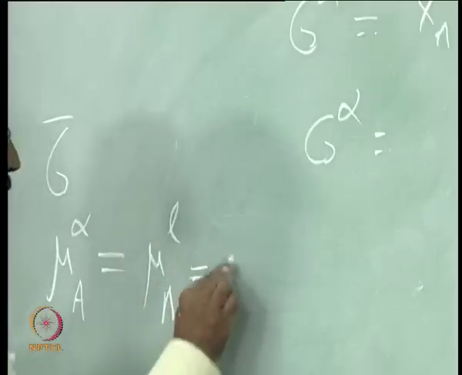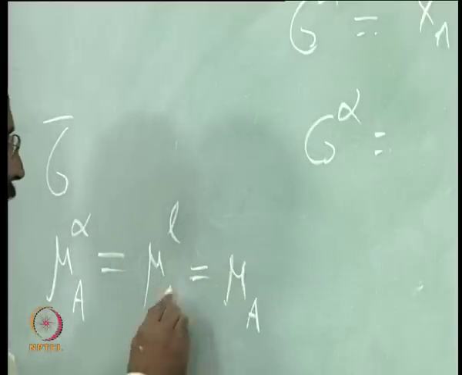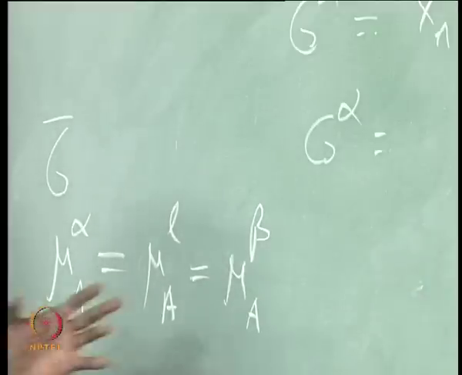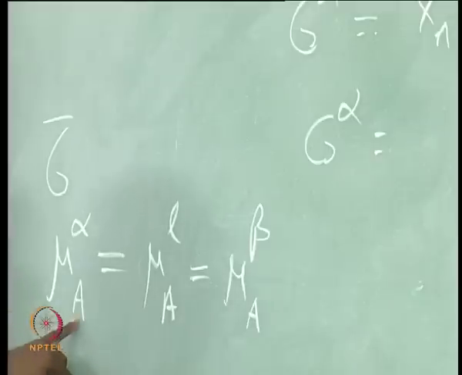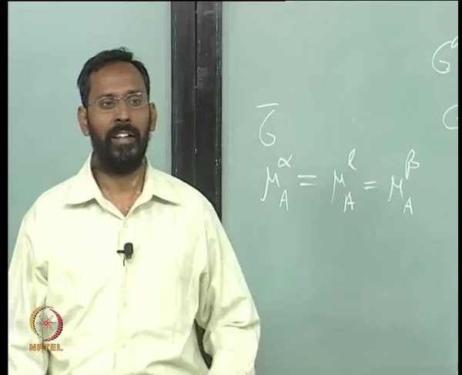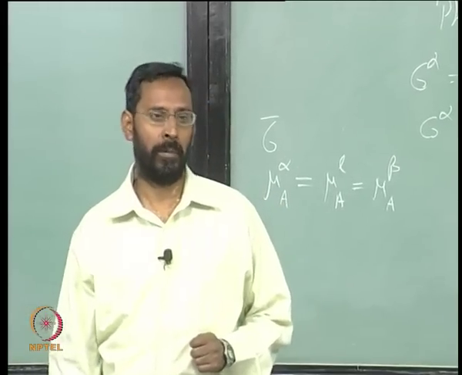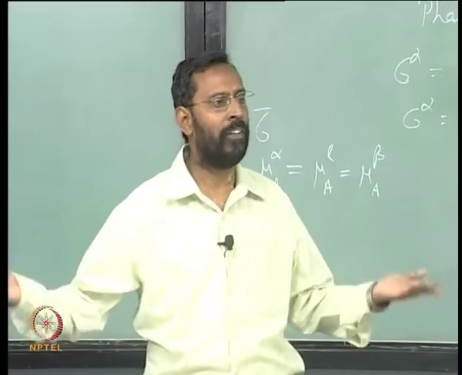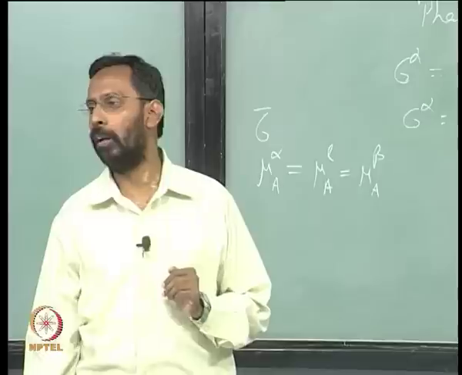in alpha, liquid, let us say, and beta or whatever, whatever number of phases that are present. If the chemical potential of a particular element in different phases is equal, then we say they are in equilibrium. The reason is, once the chemical potential is equal, there is no driving force for atomic movement.